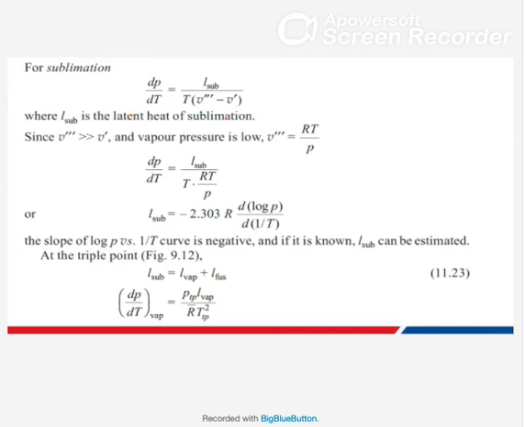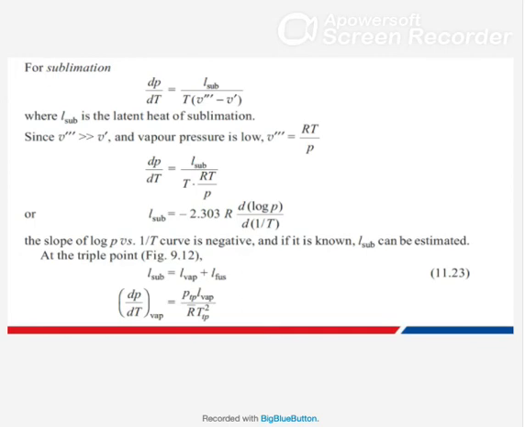Now the last is triple point. At triple point, all these three curves meet. So the latent heat of sublimation is equal to latent heat of vaporization plus fusion, because see, the sublimation is directly from solid to vapor.